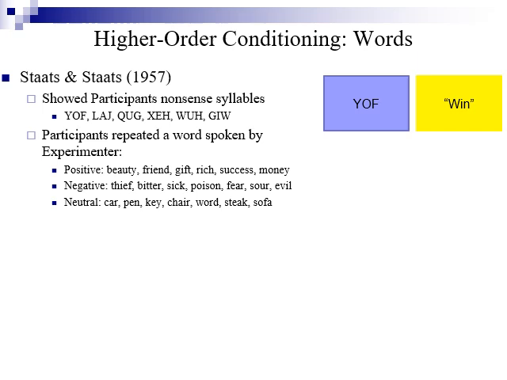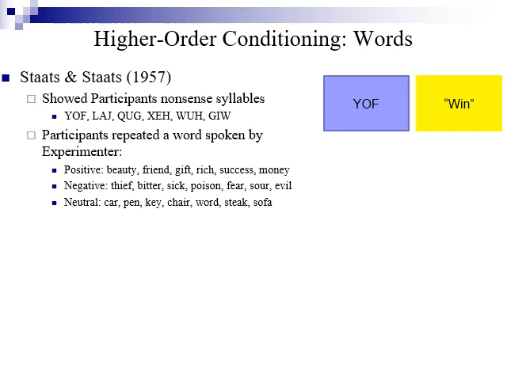Every time one of the nonsense syllables came up, it would get followed with a different word. So when YOF was shown, they might hear the word win on one trial. The next time it came up, they would hear the word friend.